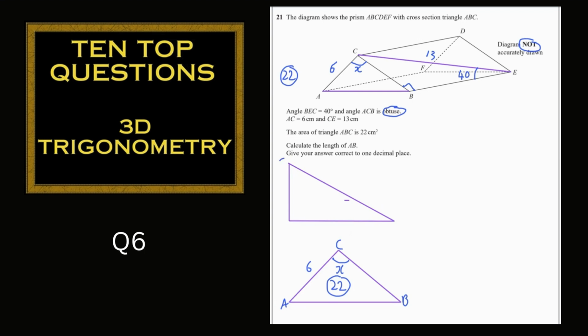So C is at the top, C down to B. Definitely worth looking at. The 13 is the hypotenuse, and as I've mentioned, that's a right angle. That's also 40. So bags of information. Let's find C to B.